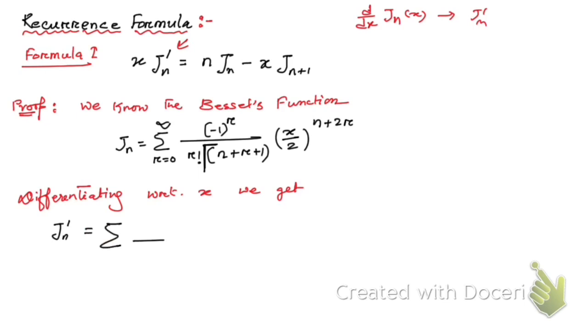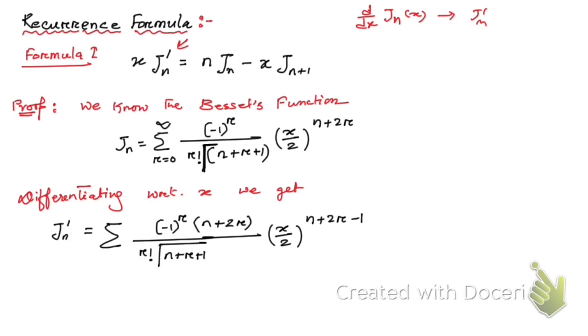And on the other side, let me write the result first, then I'm going to explain how we have got this. So now here you see, this is the power n plus 2r. On differentiating, this power comes down in front and the power reduces by 1.